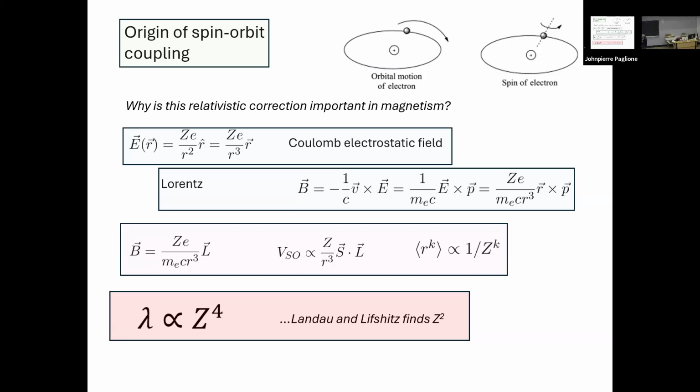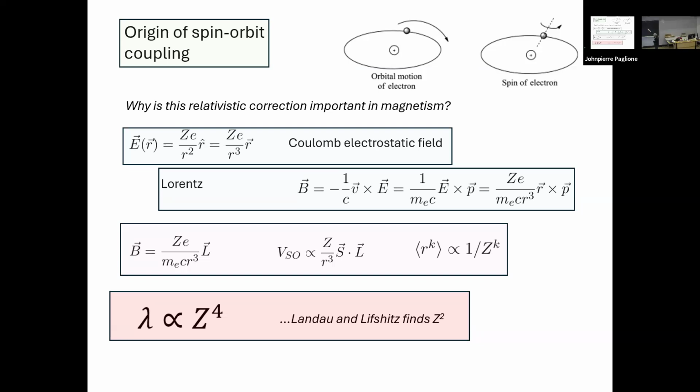You've got a Coulomb field, so looking at this electron, you're seeing the proton whiz around you. So now you've got a charged particle in an electric field that's moving. And that's going to produce a magnetic field thanks to the Lorentz force. And if you plug in, okay, notice I swapped the velocity and electric field here to kill off the minus sign.